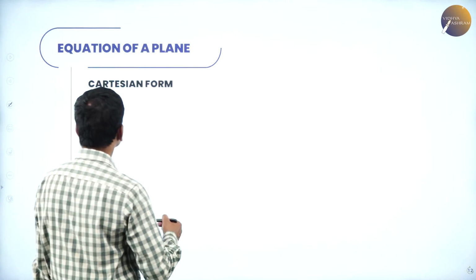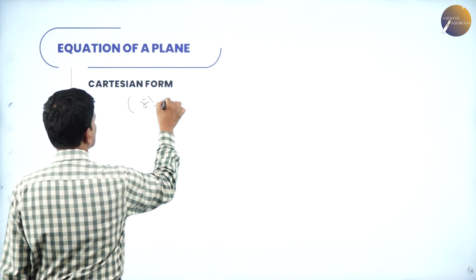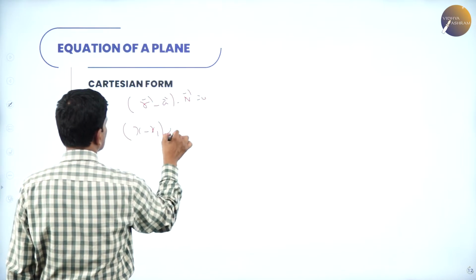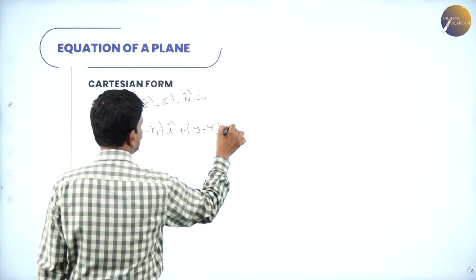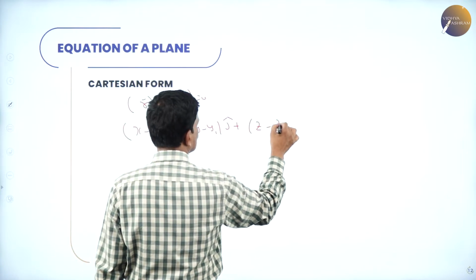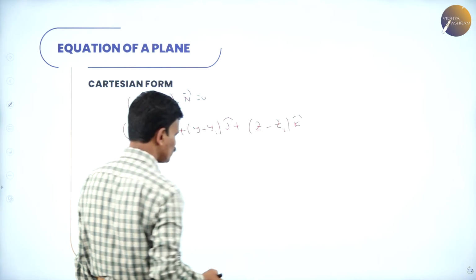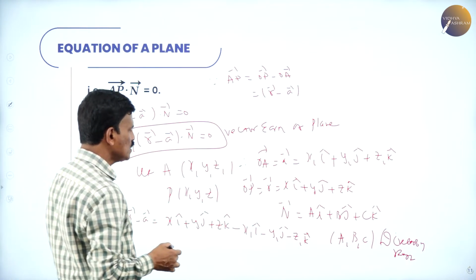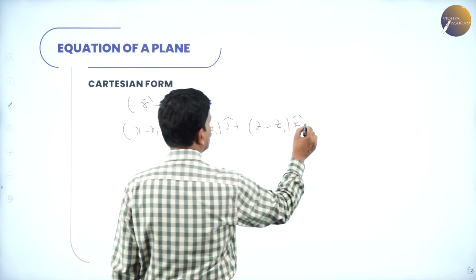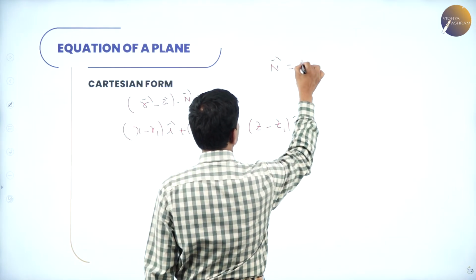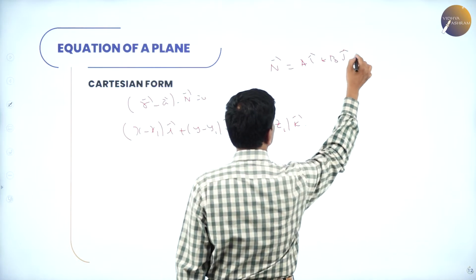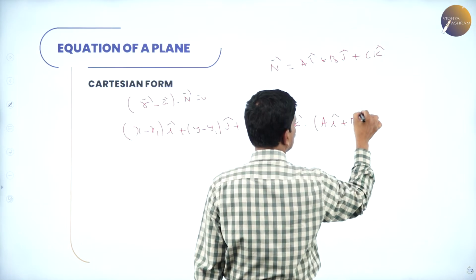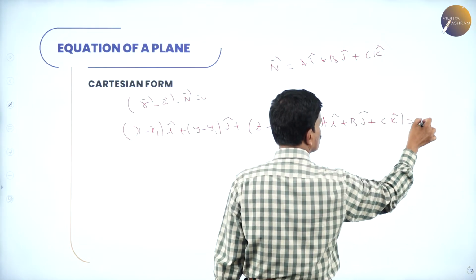Now simplify this. (r minus a) dot n is equal to 0. r minus a is (x minus x1) i plus (y minus y1) j plus (z minus z1) k, dotted with n. What is n? Vector n is equal to a i plus b j plus c k, and this is equal to 0.